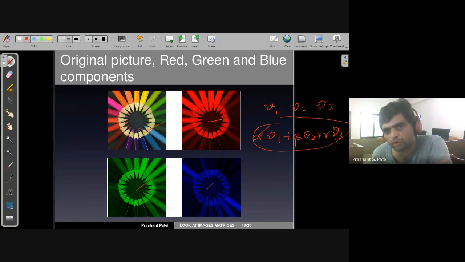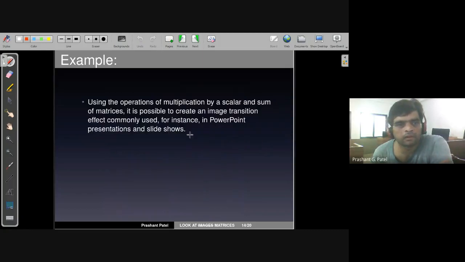By a certain amount of alpha, beta, and gamma, if you do that, using the operation of multiplication by a scalar and sum of matrices, it's possible to create the image transposition effect, commonly used in PowerPoint presentations and slideshows.